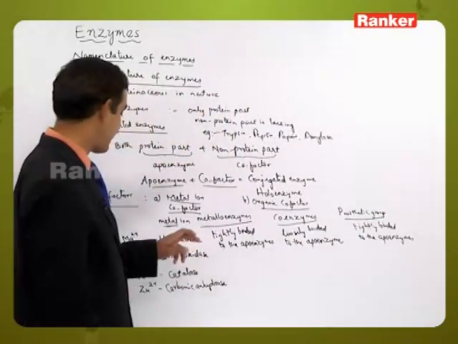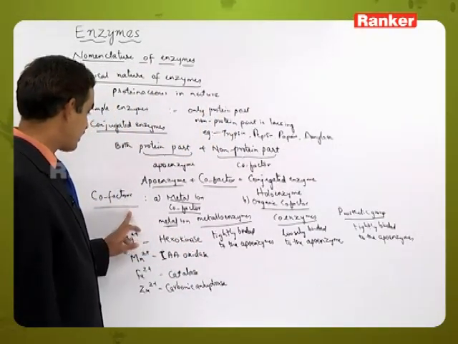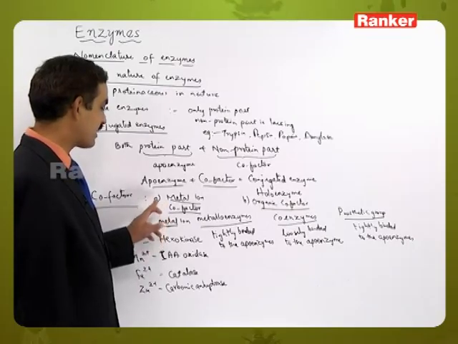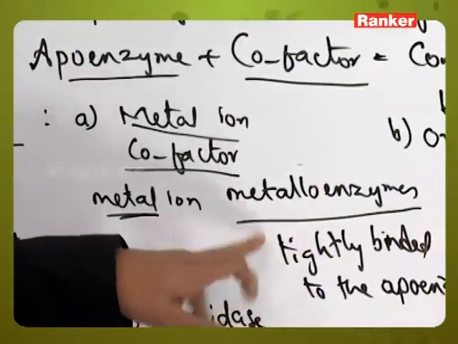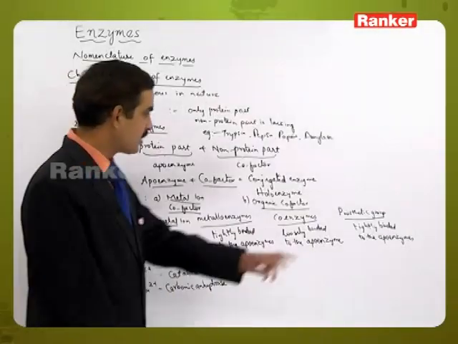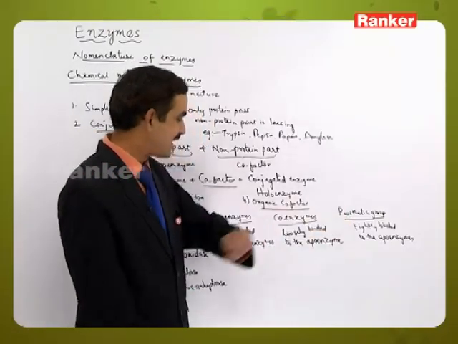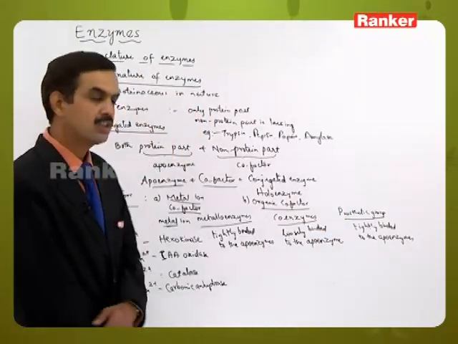Of course, the metal ion cofactors are also tightly bound, but these are inorganic compounds. The prosthetic group is also tightly bound, but it is an organic compound.